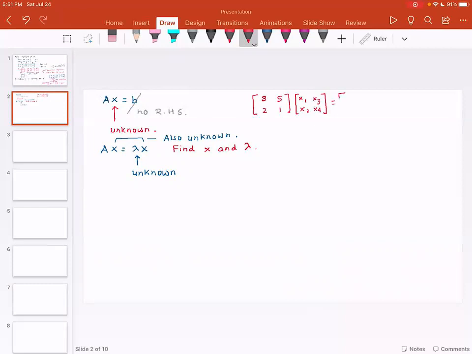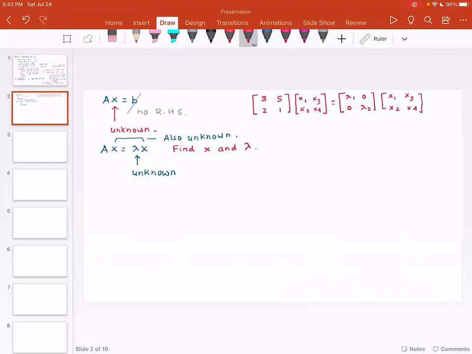And on the right hand side, I'm going to take the simple case to start with. I have lambda 1, 0, 0, lambda 2, and x1, x2, x3, x4.